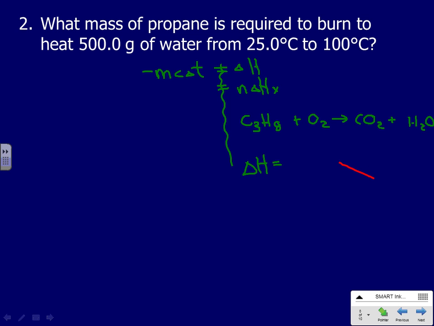When you calculate this number, it's going to be in kilojoules. When you calculate this number, it's going to be in joules, because our C is equal to 4.18 joules per gram degree Celsius. So you've got to get them into the same unit before you can solve for that N.